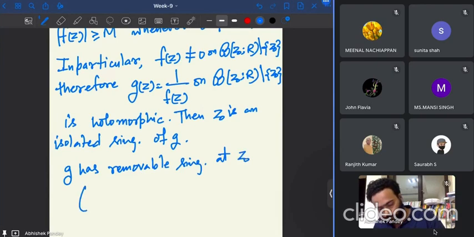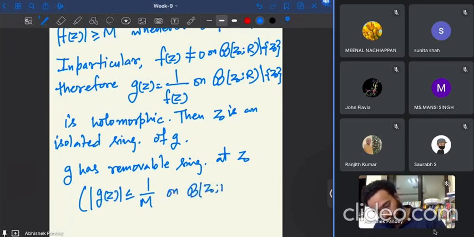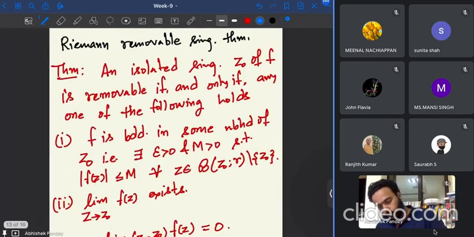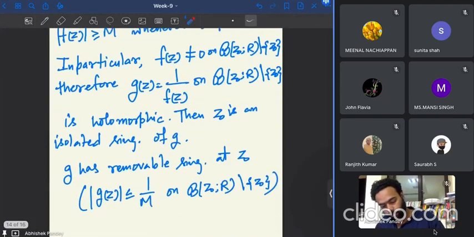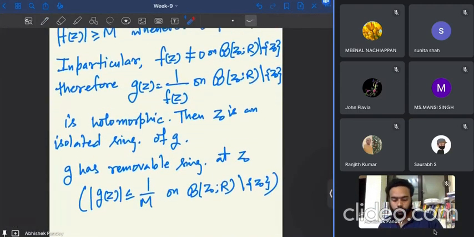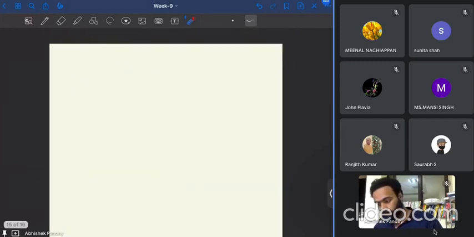Because mod of g(z) is less than or equal to 1 by M on this deleted neighborhood of z naught, and hence by the removable singularity theorem, since g is bounded in some deleted neighborhood of z naught, z naught is a removable singularity of g.